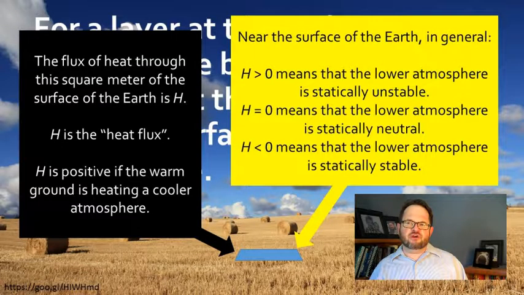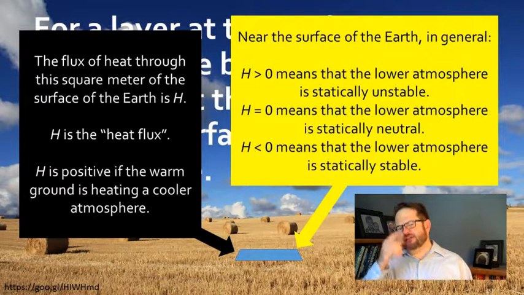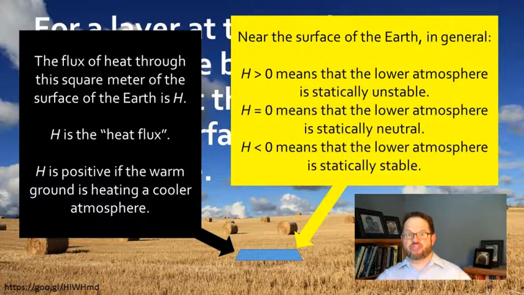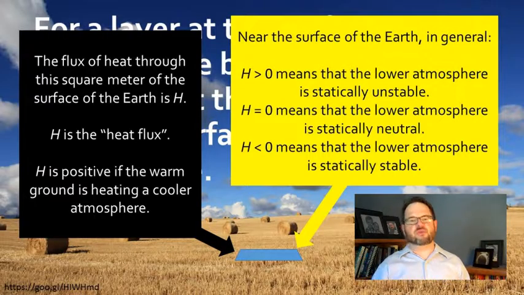Near the surface of the Earth then, in many ways, this H is the story of stability. It's not necessarily the story of stability with regard to a thunderstorm and a giant updraft that reaches all the way to the tropopause, but for how stable the lowest few tens of meters near the surface of the Earth are, H is kind of the story.